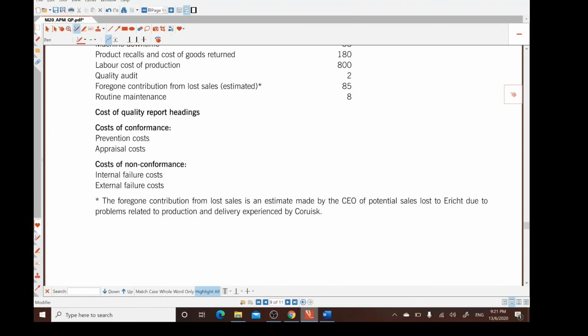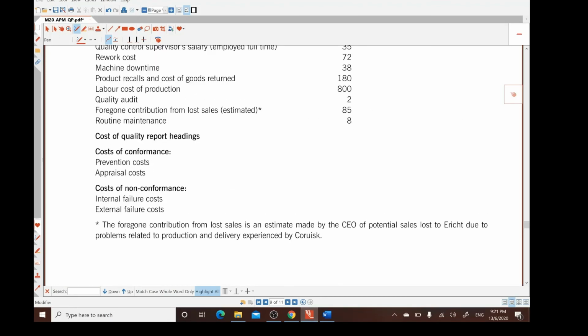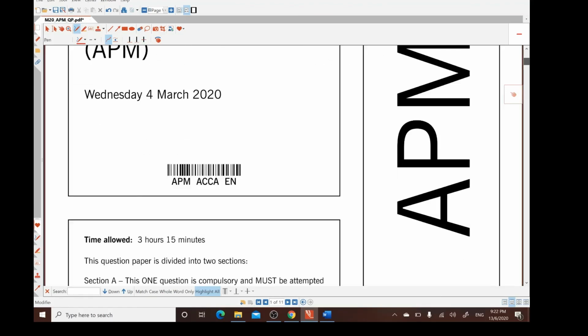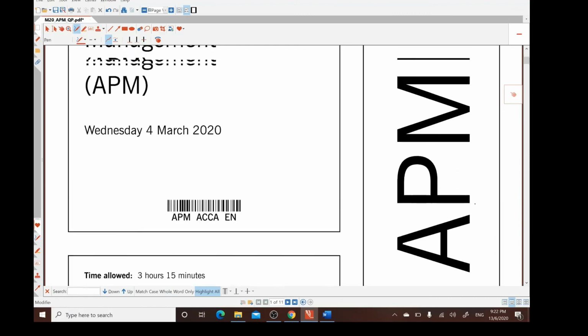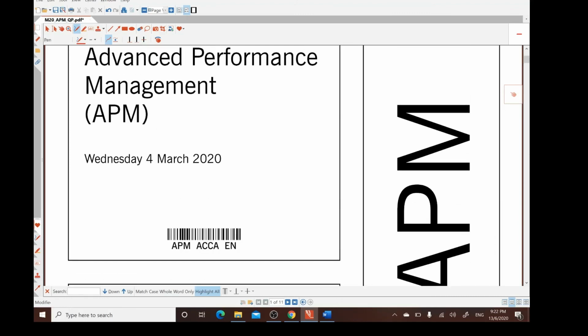Once again, class, this is all about advanced performance management, and I hope I will be here to assist you to build a strong foundation of your performance management from the assumed knowledge all the way to the advanced performance management paper. You may consider taking this paper and listening to even more stories in our session.